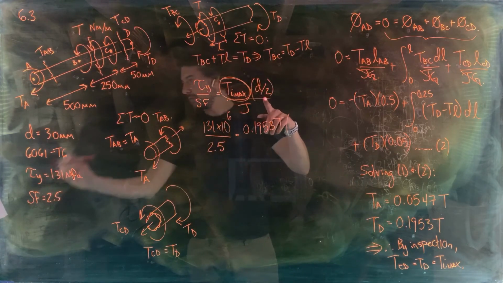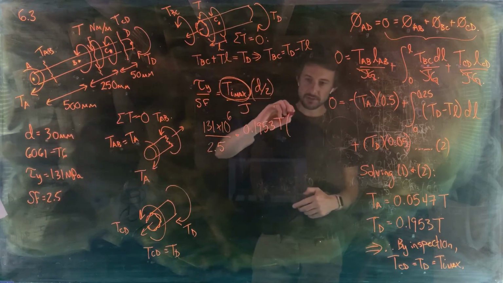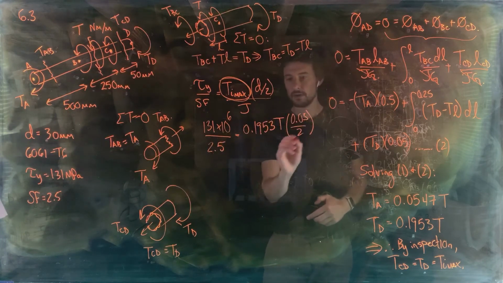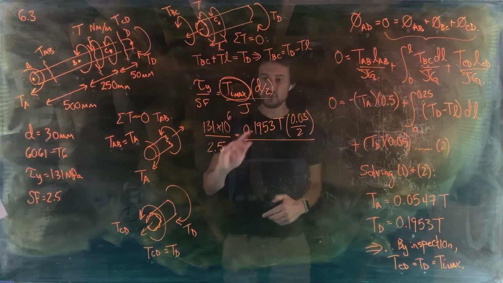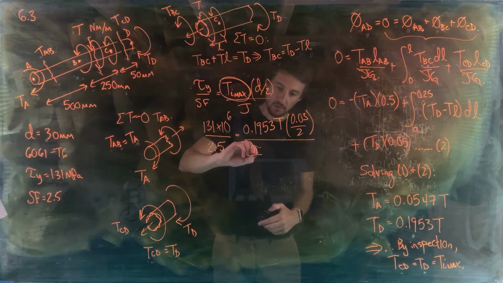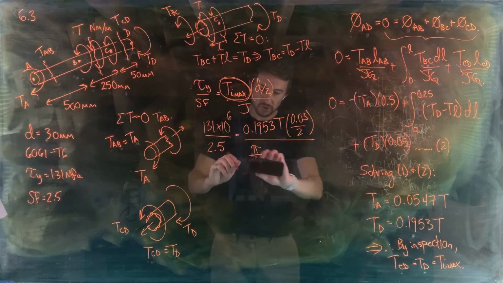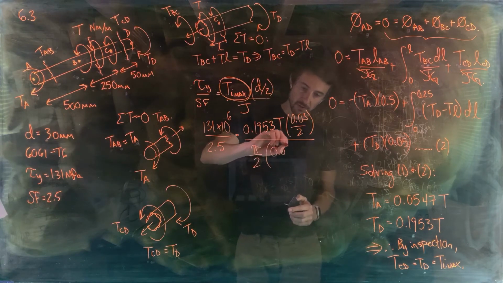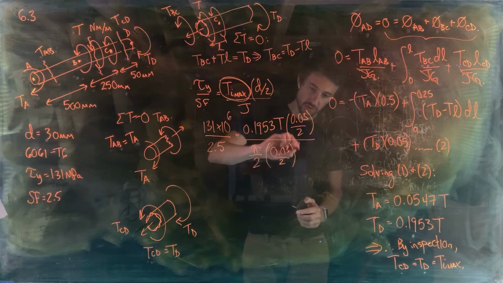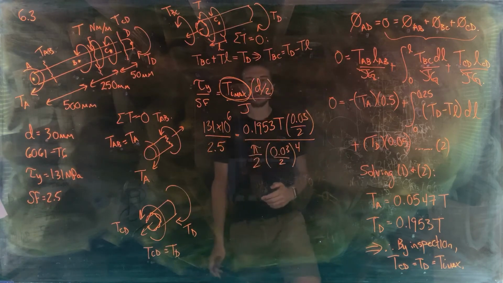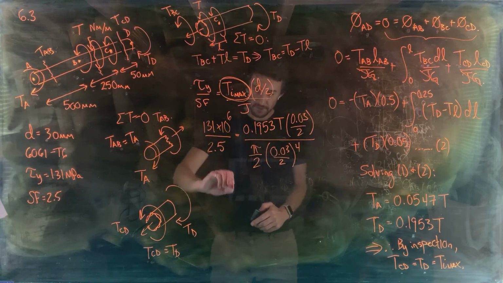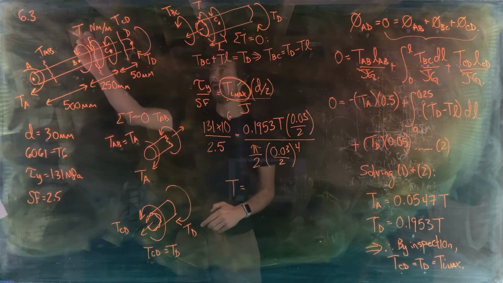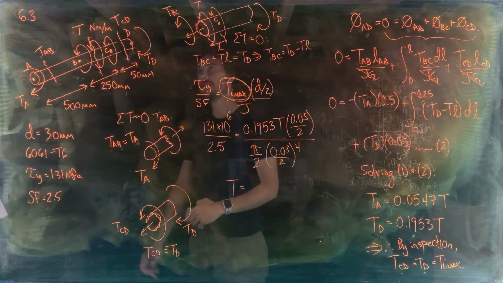Diameter divided by 2, diameter was 30 millimeters. So 0.03 divided by 2, divided by J, which is pi over 2 times radius to the 4th power, 0.03 divided by 2 to the 4th power. There we go. Okay, so from this comes the maximum allowable value of our distributed torque t.